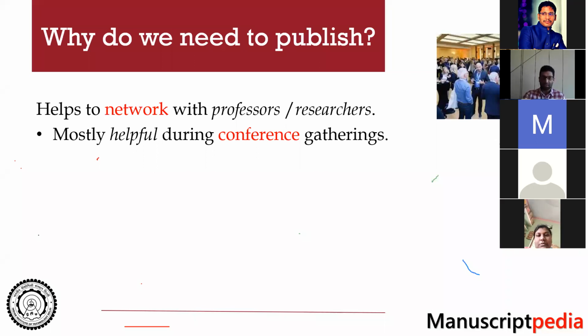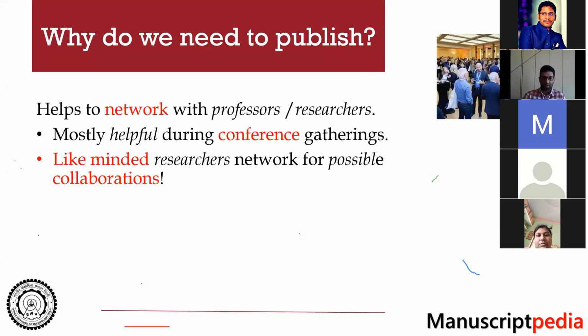So what happens is, during these gatherings, like-minded researchers network for possible collaboration. During such gatherings, they introduce themselves, that I'm so-and-so, I'm working on so-and-so, and they begin the process of collaboration. So it is through papers that the collaboration starts.